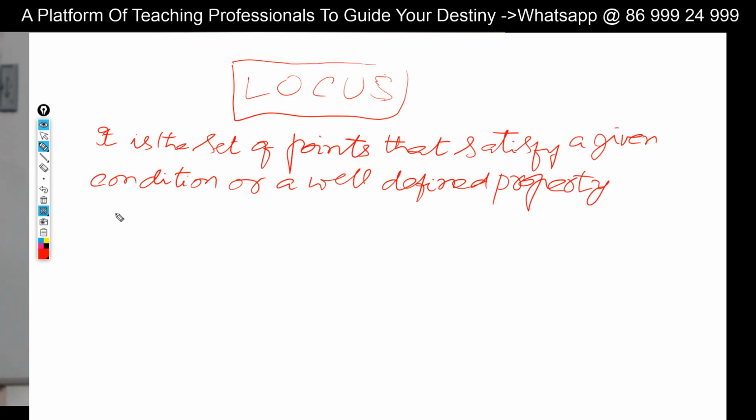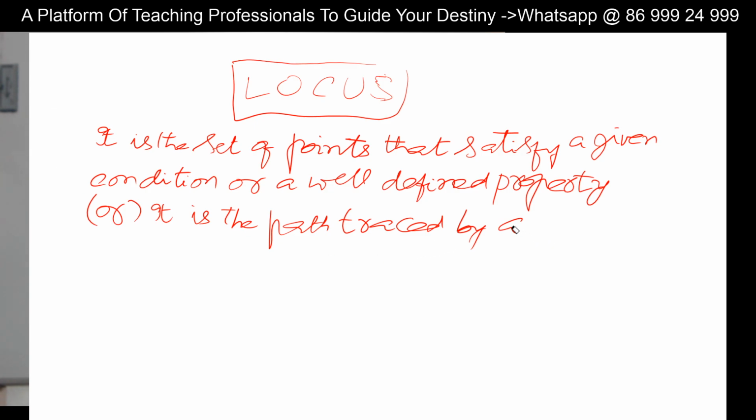Or we can simply say like this, it is the path traced by a set of points that satisfy a given condition or a well-defined property.